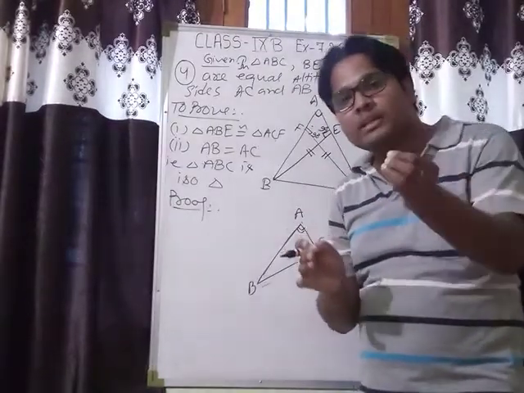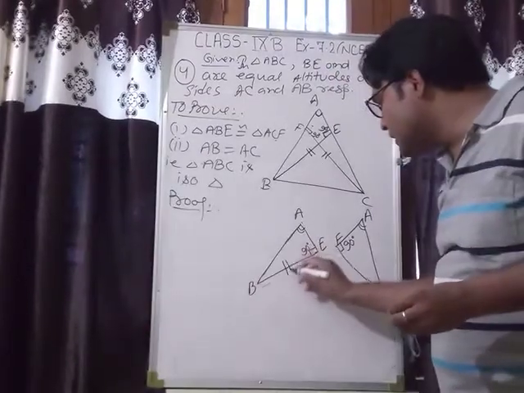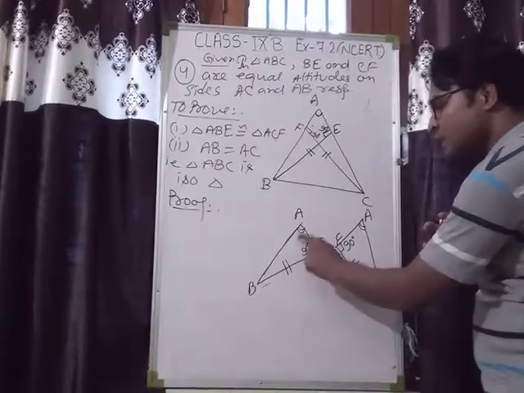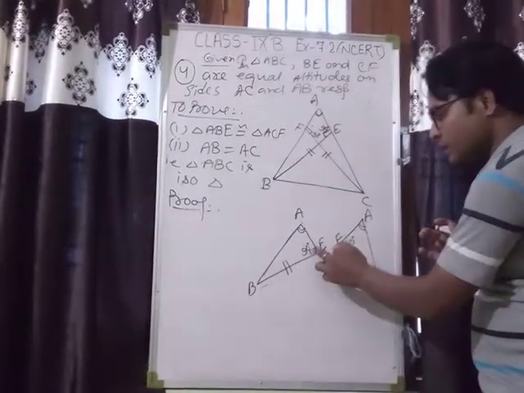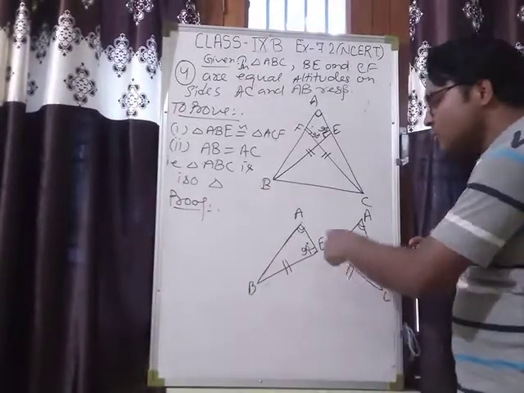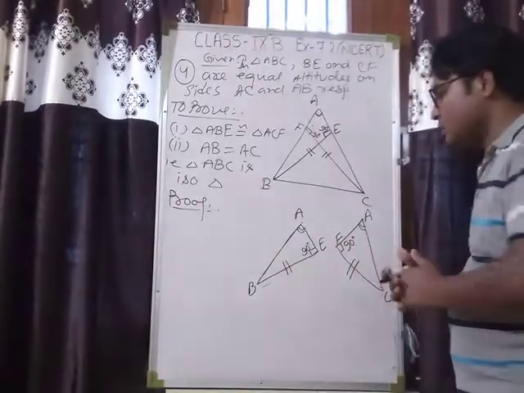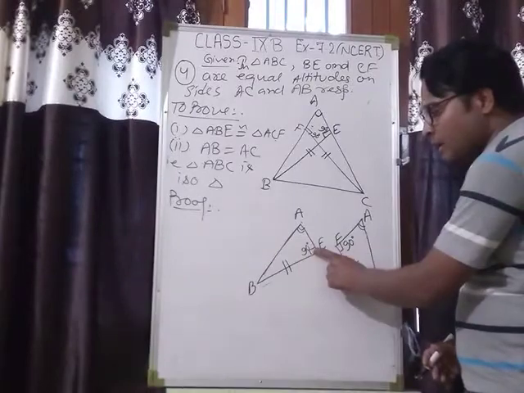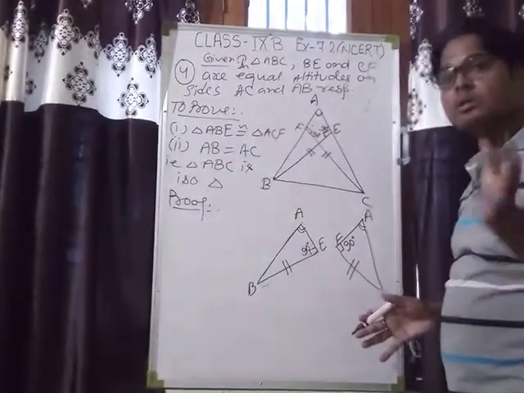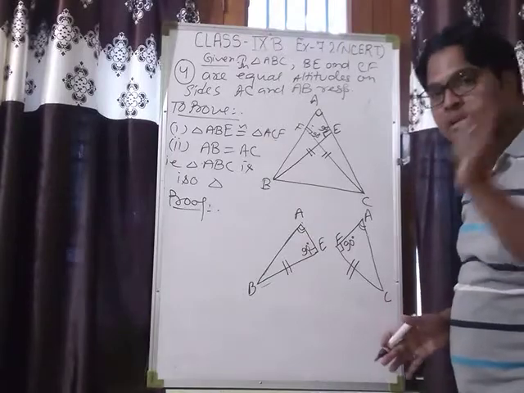Actually they are equal altitudes, means BE and CF are equal. So in these two triangles angle A is common, angle E and angle F are equal, both 90 degrees, and BE is equal to CF, it is given. So by angle side property, these two triangles will be congruent by AAS congruency.